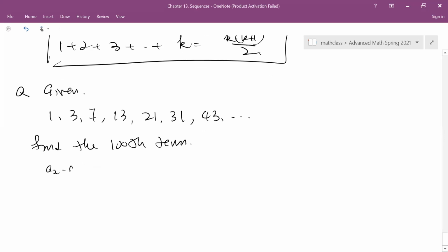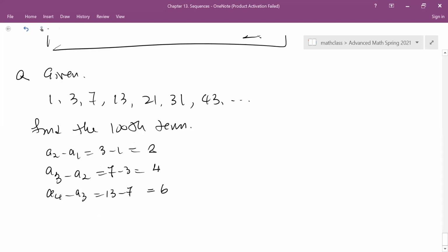So a2 minus a1 is 3 minus 1, that's 2, right? a3 minus a2, 7 minus 3, that's 4. a4 minus a3 is 13 minus 7, that is 6, right? So now you can see the pattern.